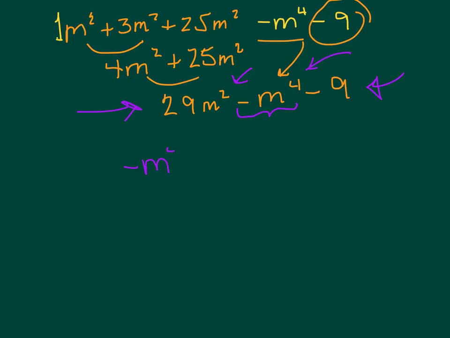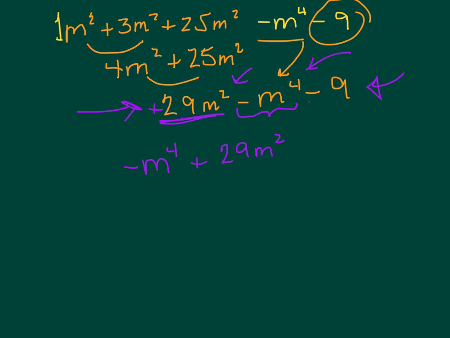Negative m to the fourth power. So that's my highest exponent. Next would be 29m squared. Well, I can't just plop a 29m squared next to it. I have to understand that that's really positive. Again, it's not there, but it is there. It exists. So plus 29m squared.